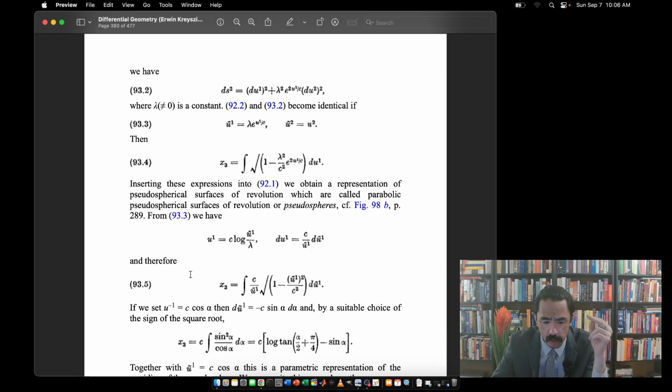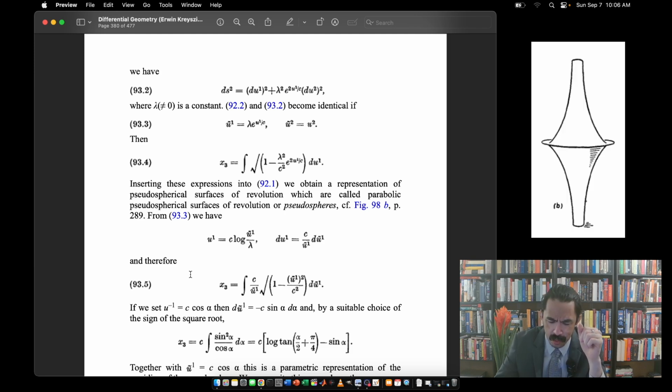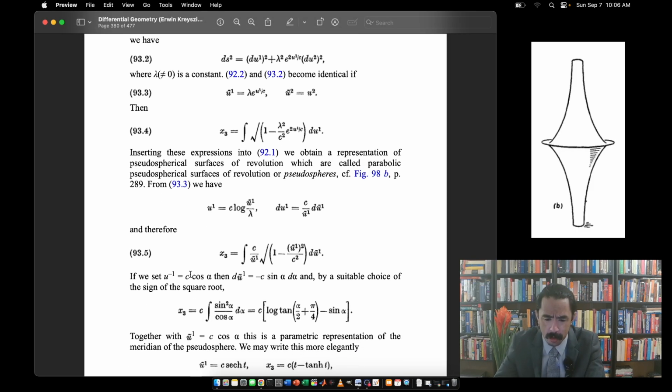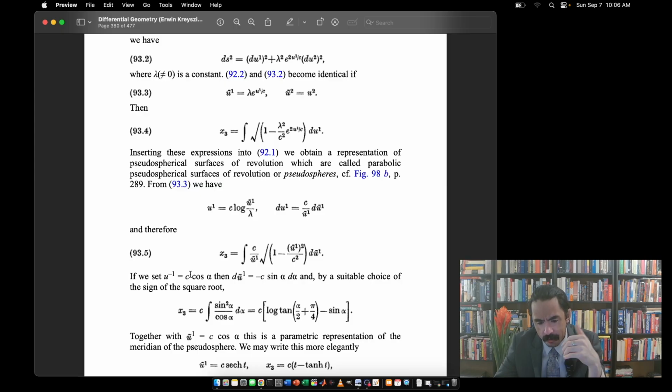We obtain a representation of pseudo-spherical surfaces of revolution, called parabolic pseudo-spherical surfaces of revolution, or pseudospheres. We have an image of this in figure 98b, which I'll superimpose on the screen right now.